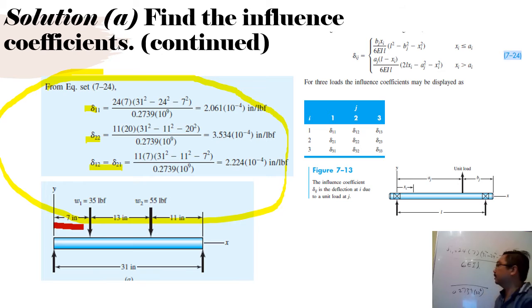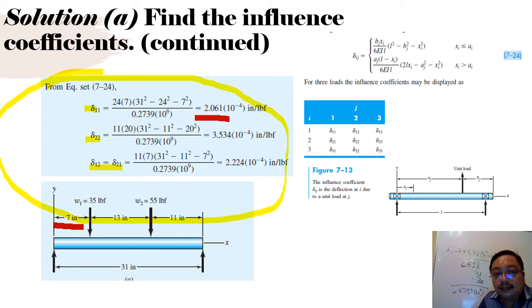You get 31 minus 7, you get 24. Then you put in the equation, 31 squared minus 24 squared minus 7 squared, and you get 2.061.